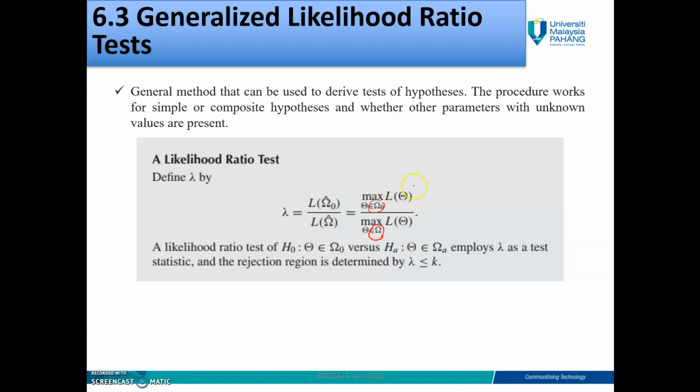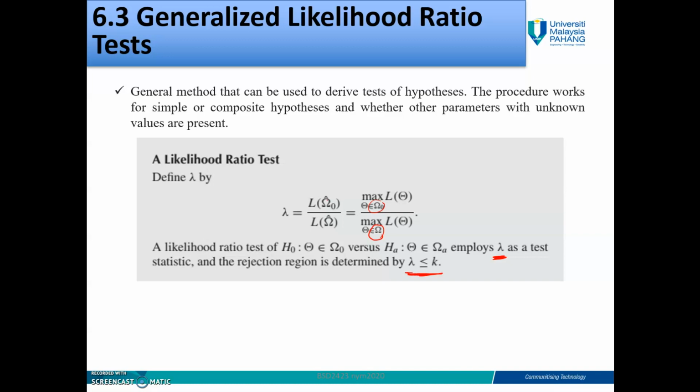If you look here, this is considering the population, and this is for the sample value. This hypothesis testing employs lambda as a test statistic, and the rejection region is determined by this. If you compare this test with the Neyman-Pearson lemma, it is quite similar, but the notation is different.